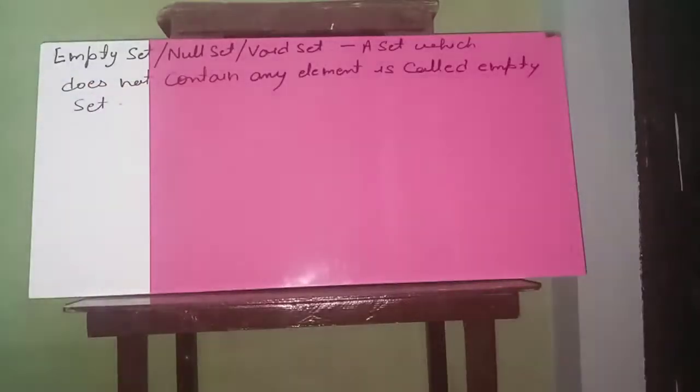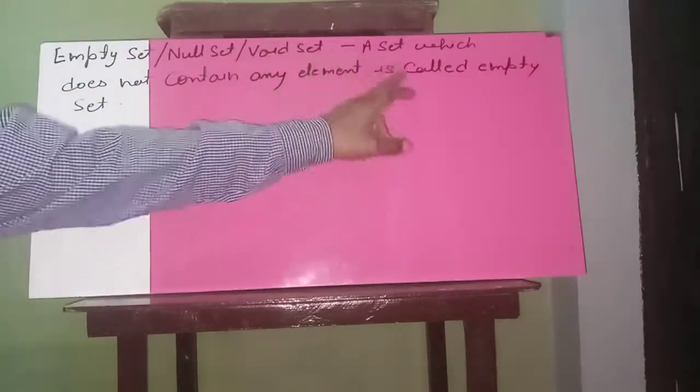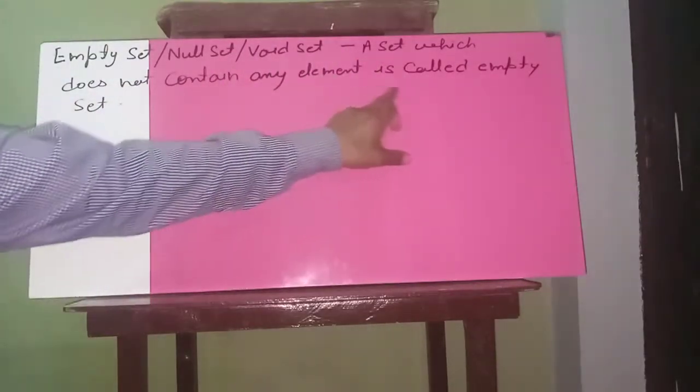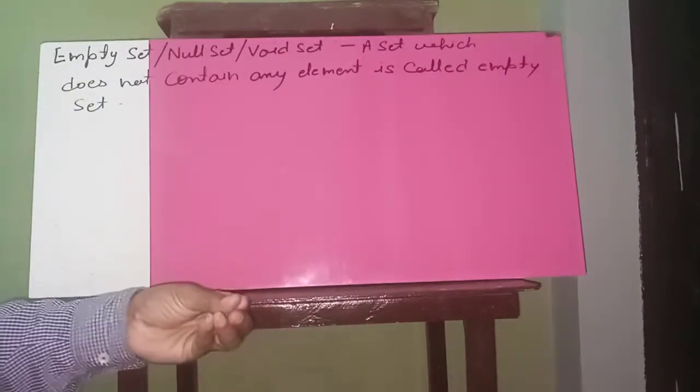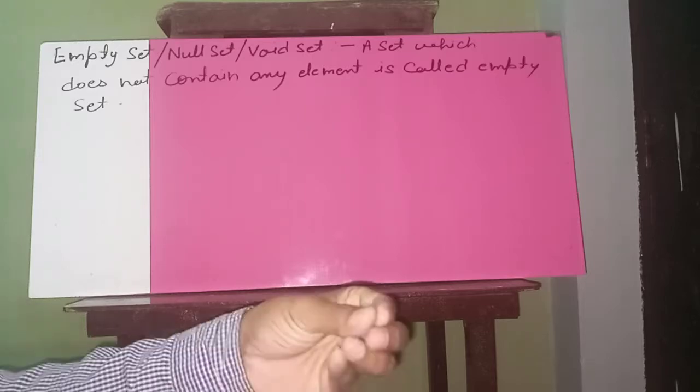So what does the definition say? The definition says a set which does not contain any element is called an empty set. It means an empty set does not have any element.